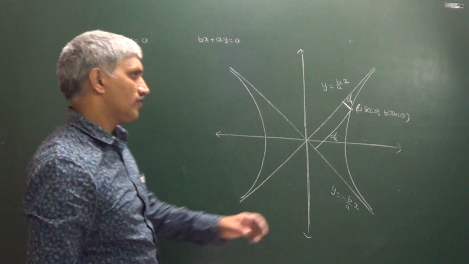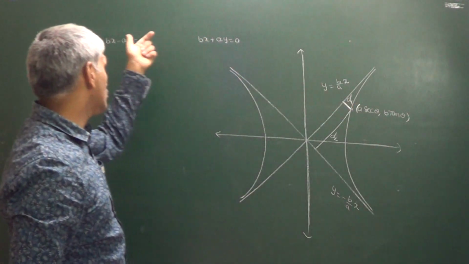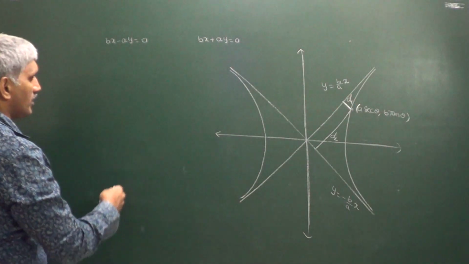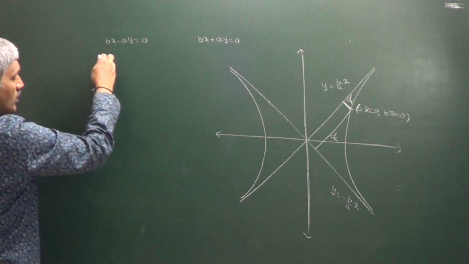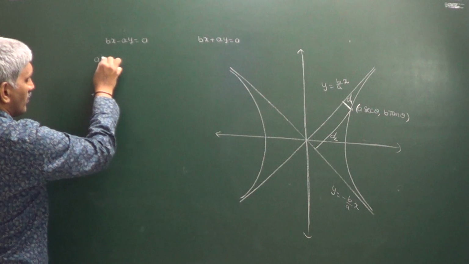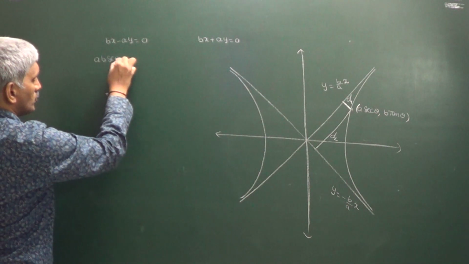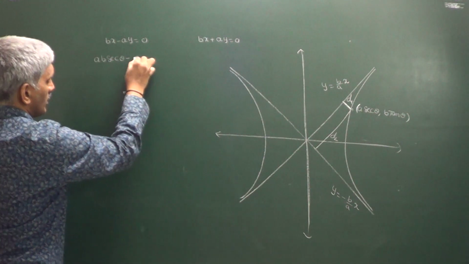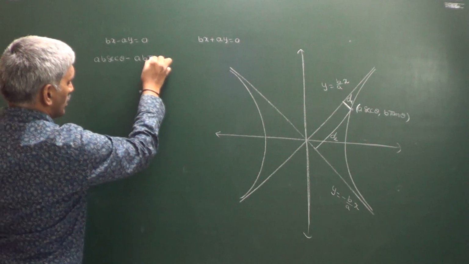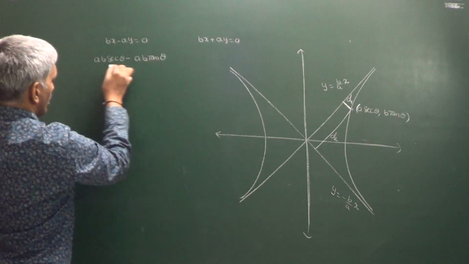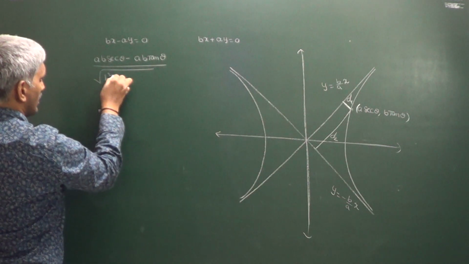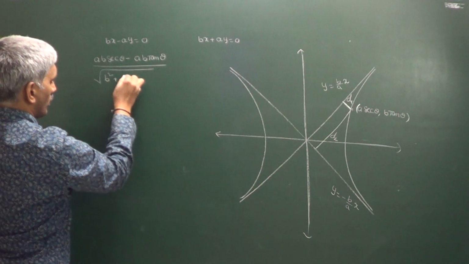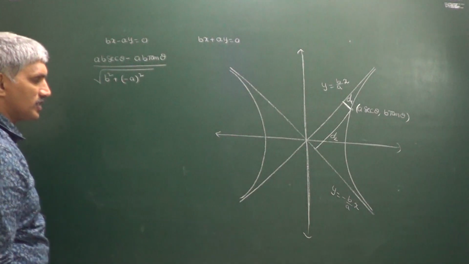Now tell me, from this point onto this asymptote, what is the perpendicular distance? It is given by ab secant theta minus ab tan theta, divided by the square root of b square plus (minus a) whole square.